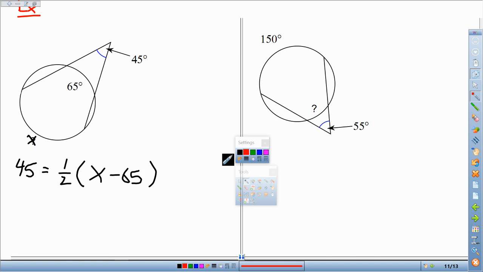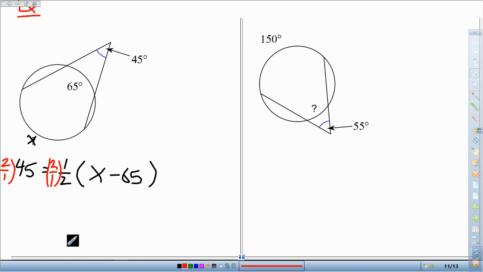Okay, just like I was doing before, instead of distributing, I'm going to undo this 1/2 by multiplying both sides by the reciprocal, 2/1. So that's giving me 90 equals x minus 65.